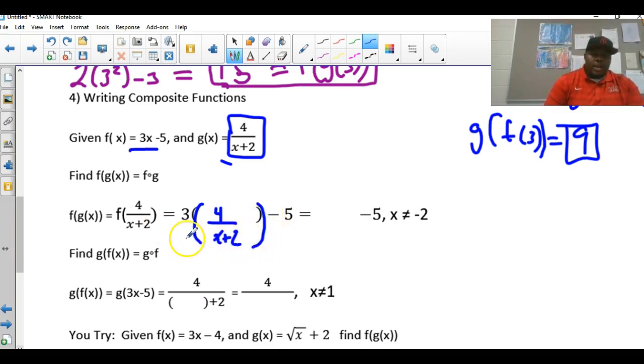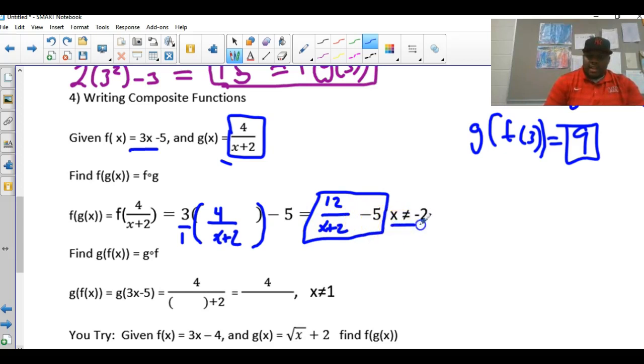When you evaluate it, you know how to multiply a whole number times a fraction. Remember, this is 3 over 1, so you multiply straight across. 4 times 3 is 12. 1 times the stuff down there is the stuff down there, x plus 2. And then minus 5, because the minus 5 is still there. So there's your final answer for that composite function. We don't have to evaluate it further.